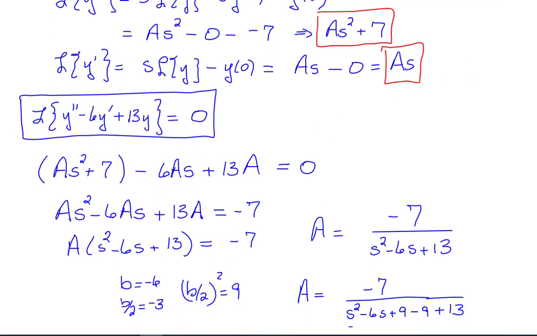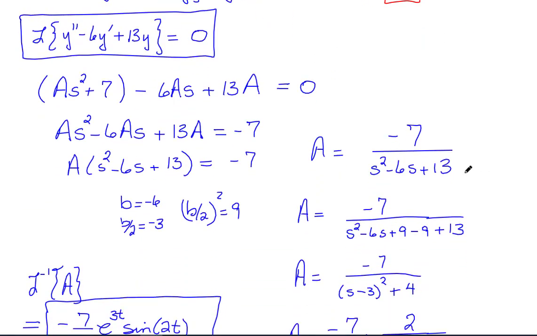And so when I factor out the a part and I move the 7 to the right hand side, we have this situation. So I need to manipulate this to get it into a format that I can take the inverse Laplace transform. Well, same thing as before, complete the square.